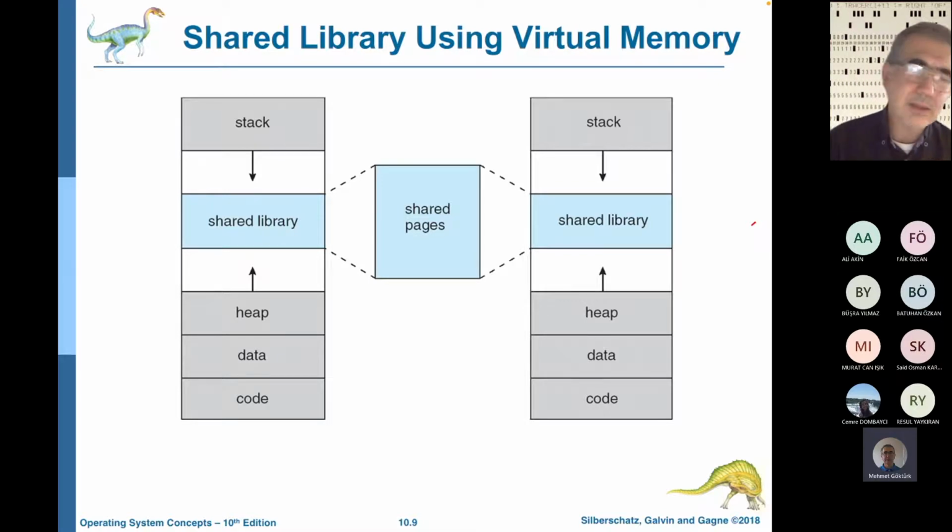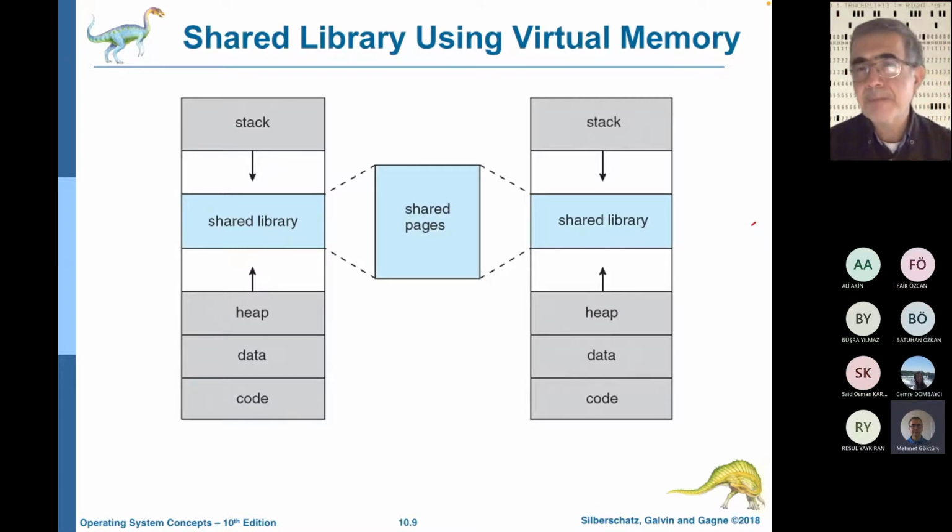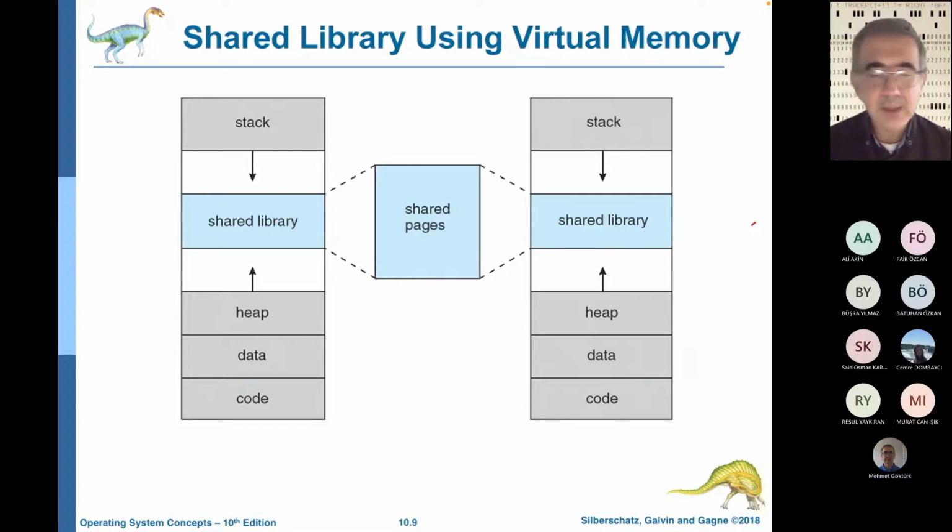Paging is done between logical memory space and real memory space, again using pages. In virtual memory, you still have pages, but there is a hard drive. And the size of the virtual memory is bigger than the size of the real memory.